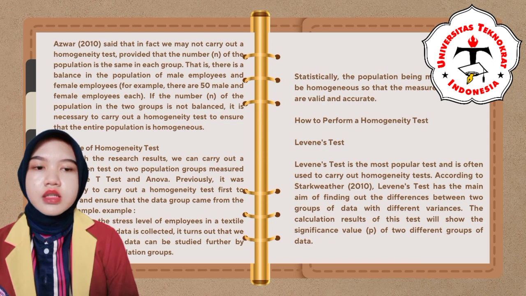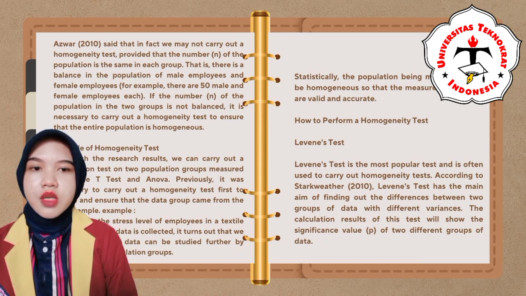For example, to measure the stress level of employees in a textile factory. After the data is collected, we can observe what data can be studied further by comparing two population groups. Statistically, the population being measured must be homogeneous so that the measurement results are valid and accurate.